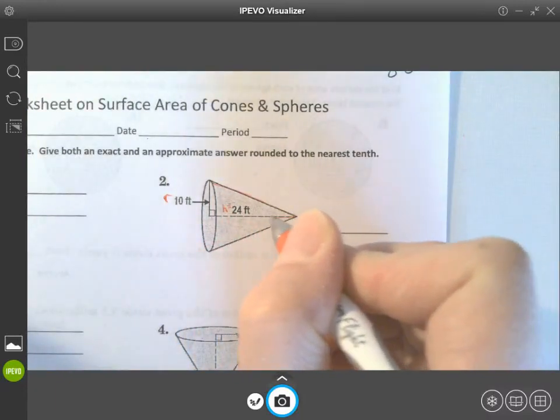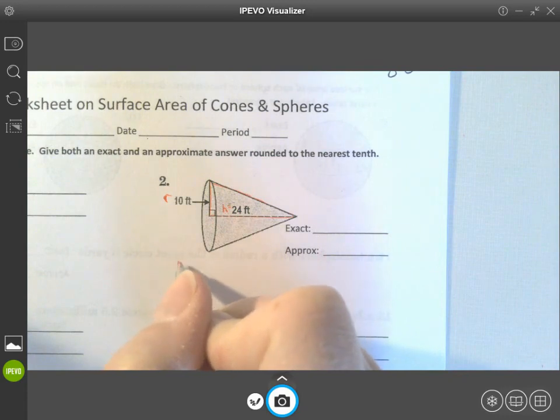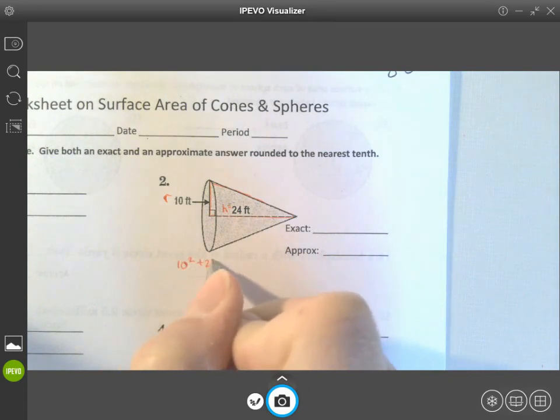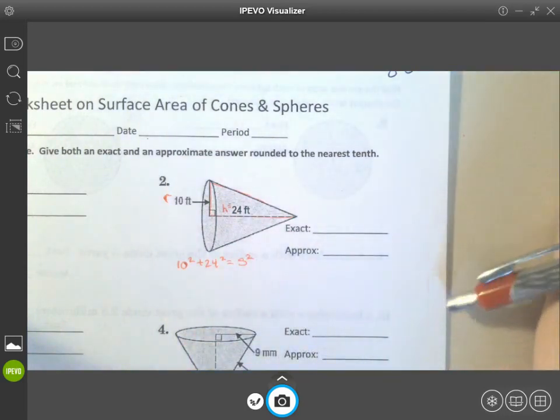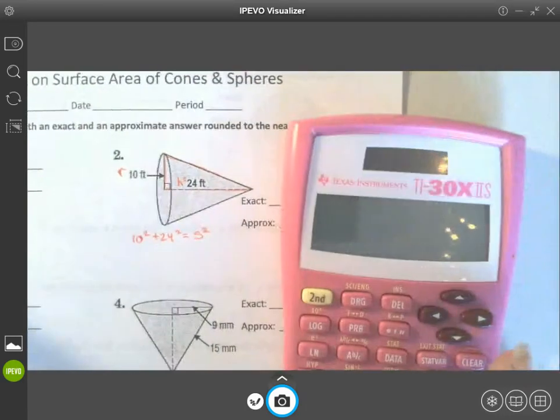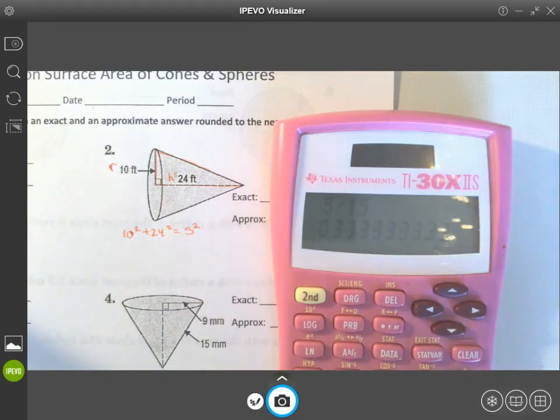And if you can trace this idea, you see that right triangle. So I have 10 squared plus 24 squared equals the slant height squared. And again, make sure your S doesn't look like a 5. That'd be confusing. All right, you've got your calculators. I'm just going to type in the 10 squared plus 24 squared.